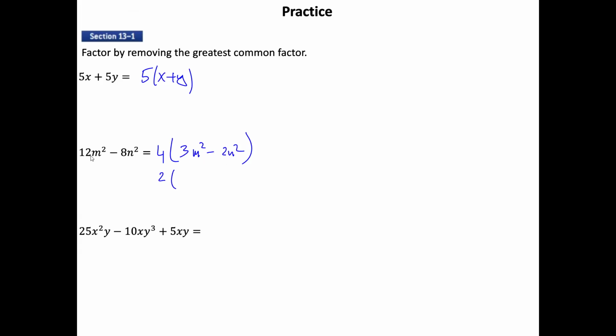If I take 2, I will have the square root of 3m minus 2n. We're looking for perfect squares here. We can say that the square root of 3 and the square root of 2 are two irrational values. Is it possible? Absolutely. But we're looking for perfect squares here, right?